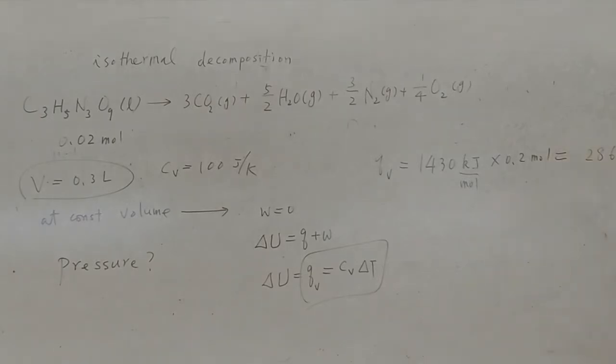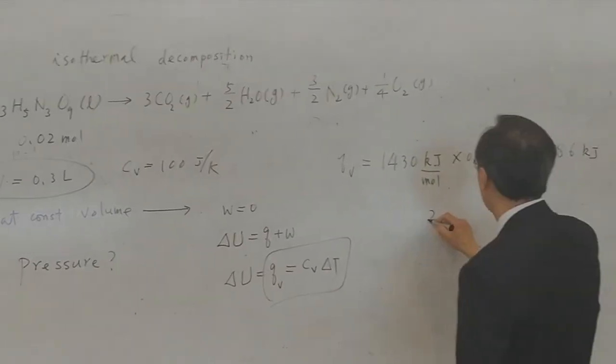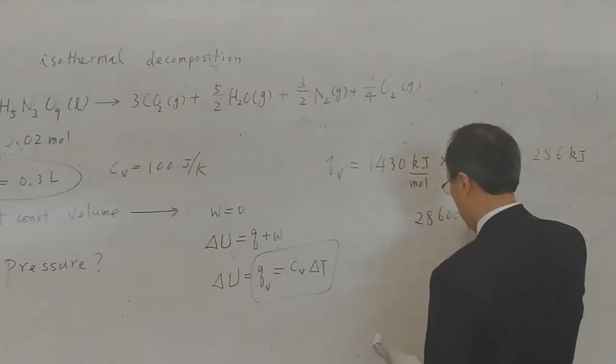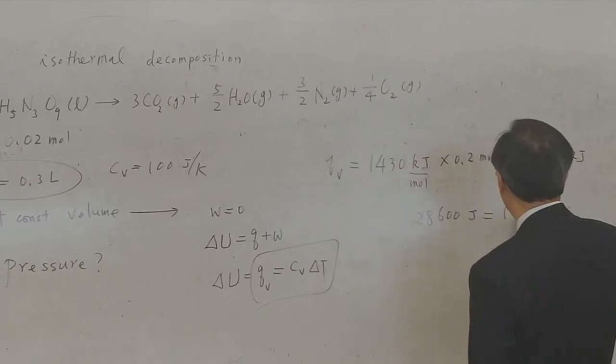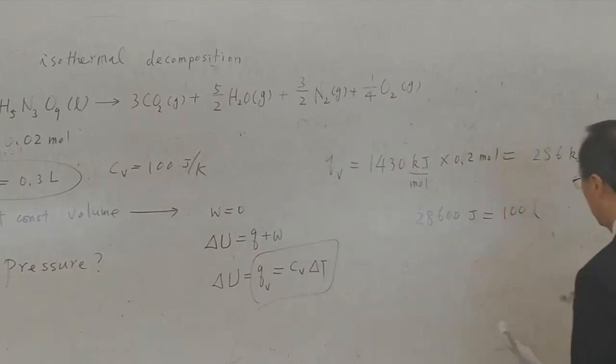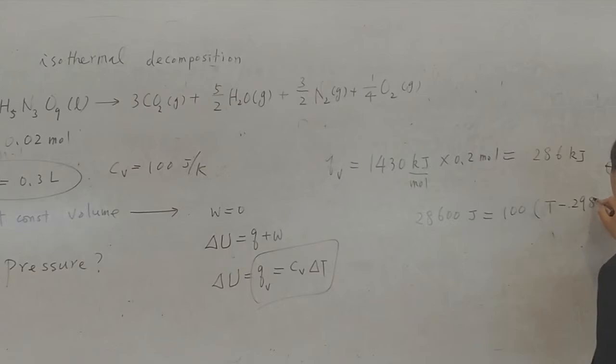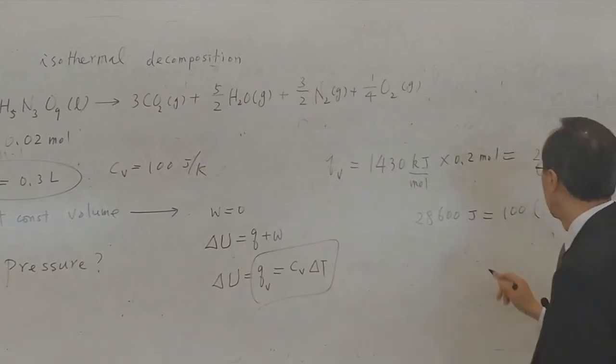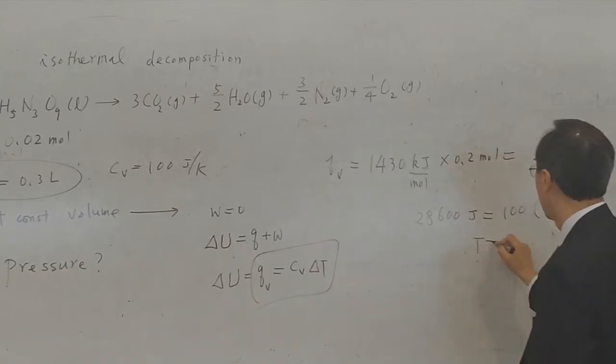So 286 kilojoule equals 100 times T minus 298.